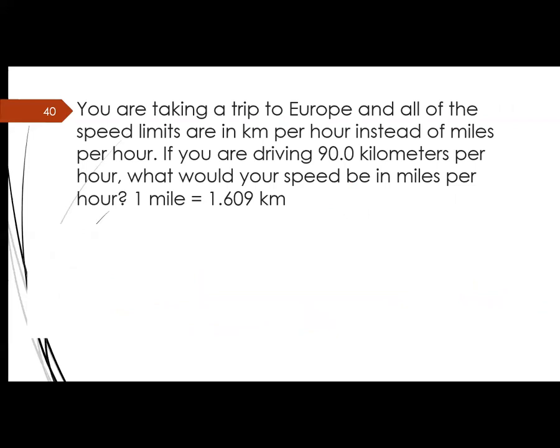We're taking a trip to Europe, and all the speed limits are marked in kilometers per hour instead of miles per hour. We're driving 90 kilometers per hour. What do you think your speed is in miles per hour? So for this one, our units, we started off with kilometers per hour, and we want to end up in miles per hour. So I want to get rid of that kilometer.